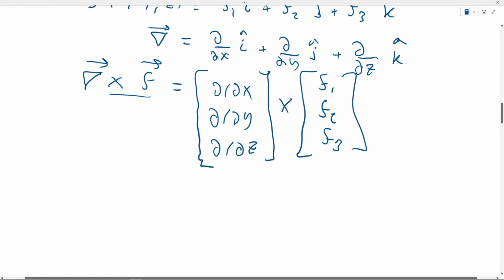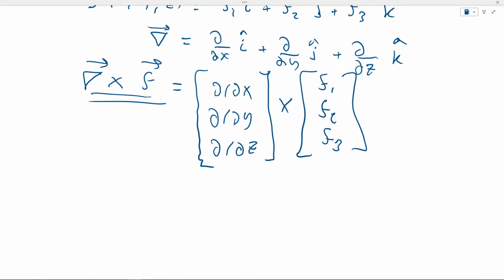How to do this cross product, if you remember from linear algebra. We will have a module about linear algebra, but I will just show you how to do this. To make this cross product, you set up a determinant.